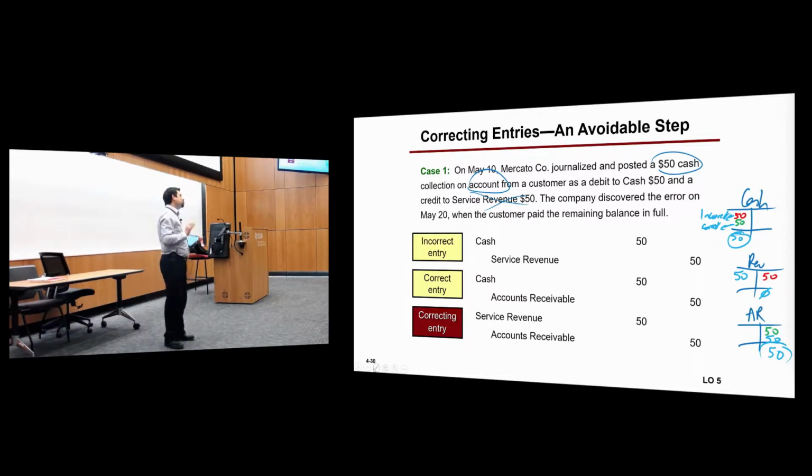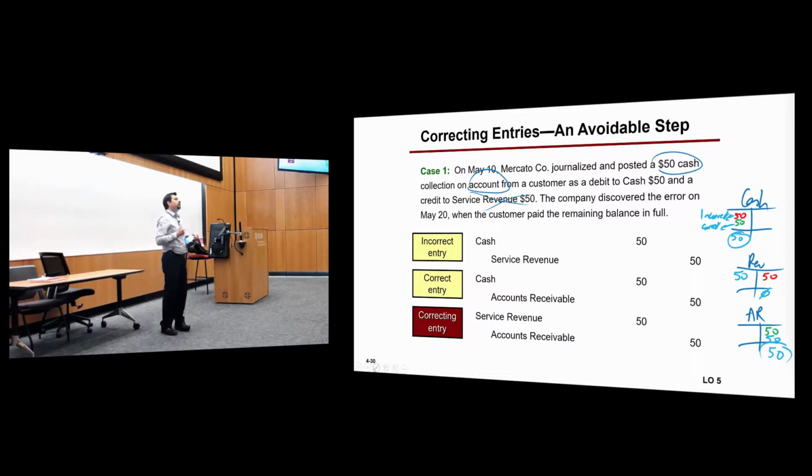Now this is one way to do it. There's another way. Here we just went directly from the incorrect to the correct by writing the journal entry. There's another way, which is a two-step method. How do you do that? You completely reverse the first one, and then you re-enter the correct one.